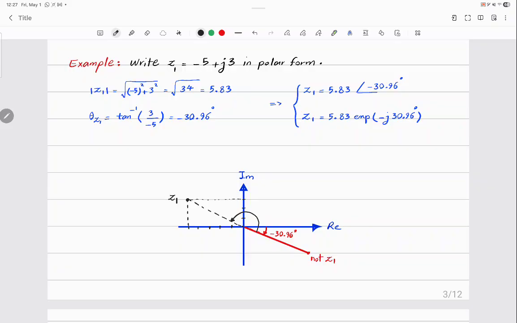It's -30.96 degrees plus 180, okay? So which is 149.04 degrees.